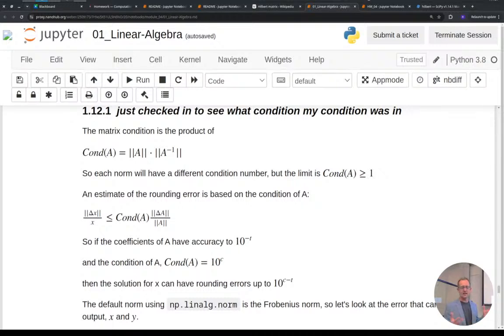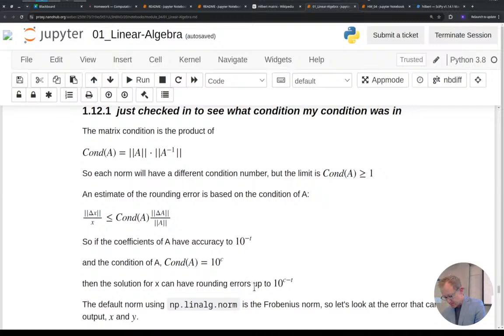There are lots of different ways to calculate a norm, but if you take the norm of A and the norm of its inverse, that is the condition number. Roughly, when you solve a linear algebra problem, the condition number tells you how much error there could be in that solution. So if our condition number is 10 to the 16 and we can only store 64-bit floating point numbers with 10 to the negative 16 precision, the best case scenario is that the answer we get is plus or minus 1.